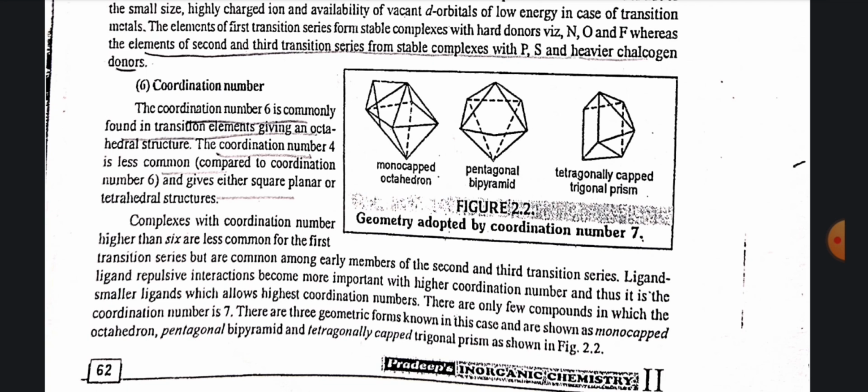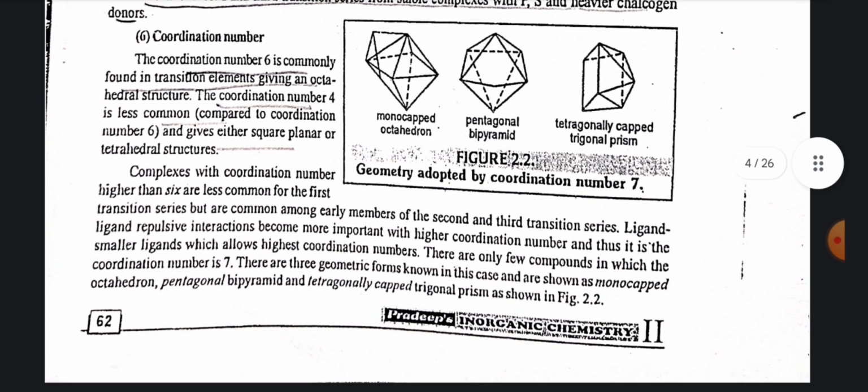Coordination number: the coordination number 6 is commonly found in transition elements, giving an octahedral structure. The coordination number 4 is less common and gives either square planar or tetrahedral structures.